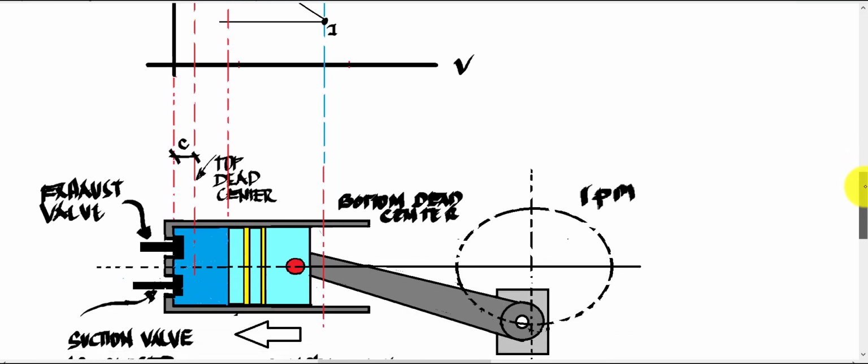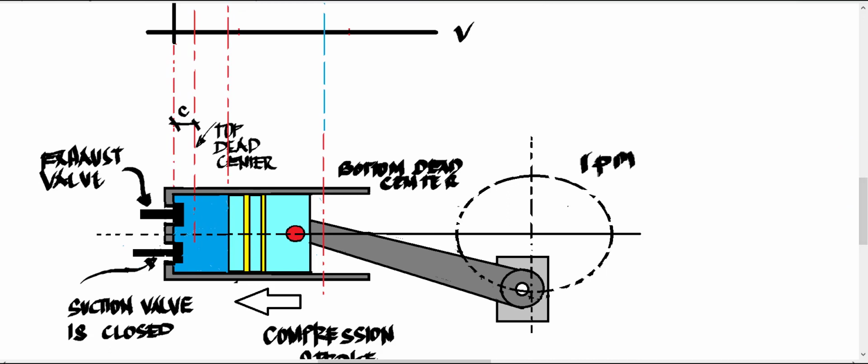We're starting now the polytropic compression. And the heat at the cylinder, okay, so we have heat rejected already. Just the buildup of heat inside the cylinder is starting, and that heat is absorbed by the wall of the cylinder.